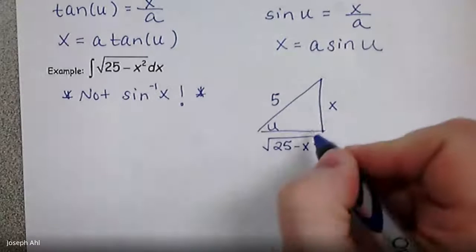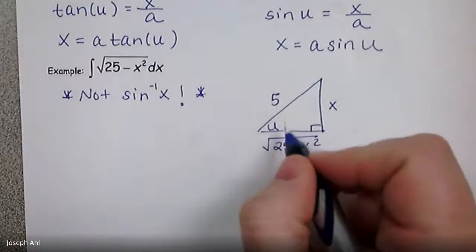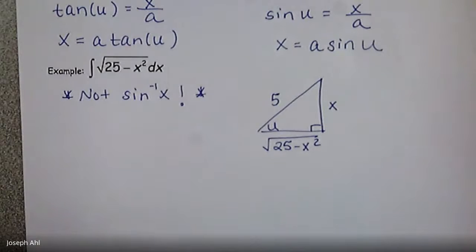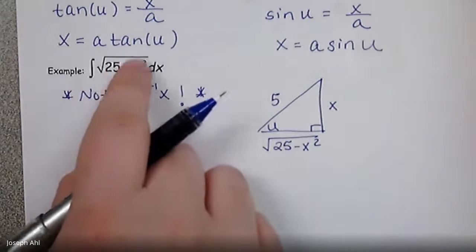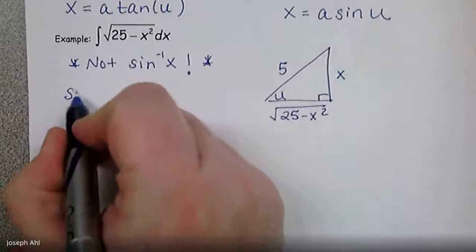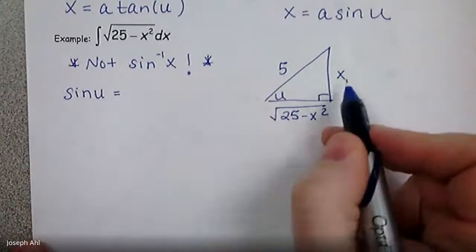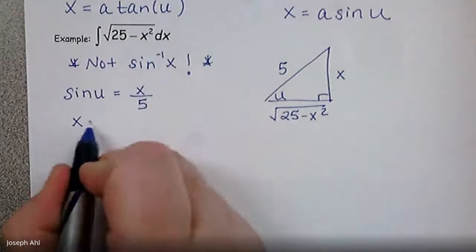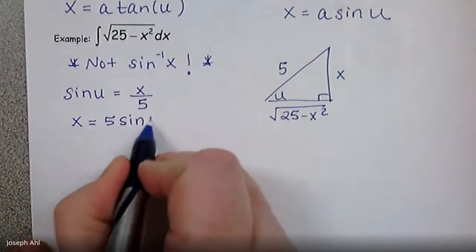So if I use some right triangle trig with relationship to angle u, I can actually replace that x quantity underneath the radical with what it is in terms of sine. So sine of u is going to equal x over 5. And therefore, x is equal to 5 sine u.